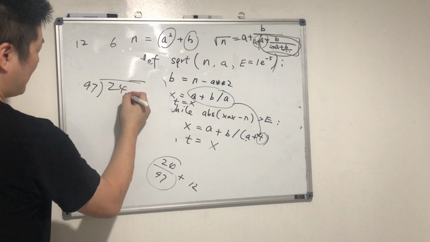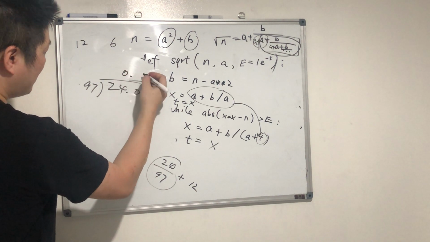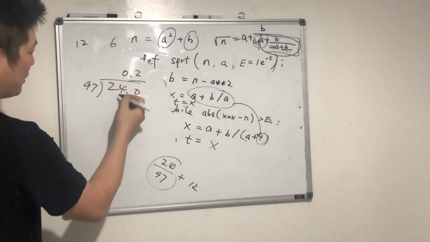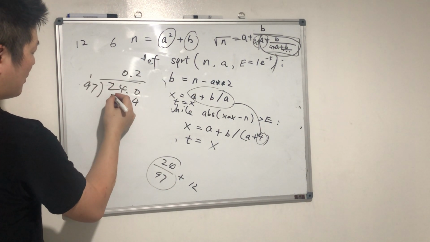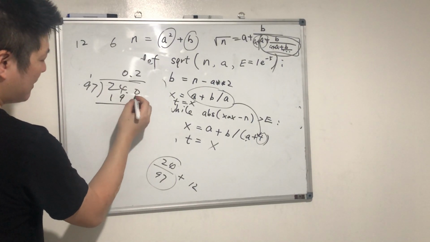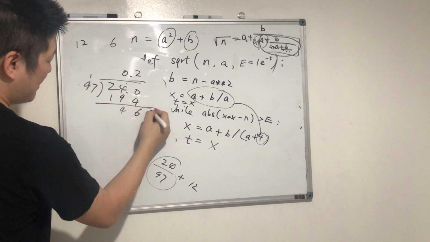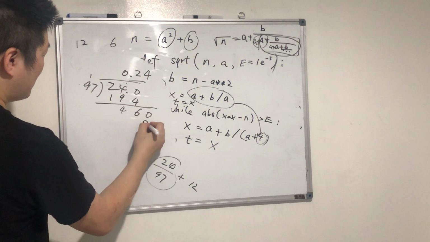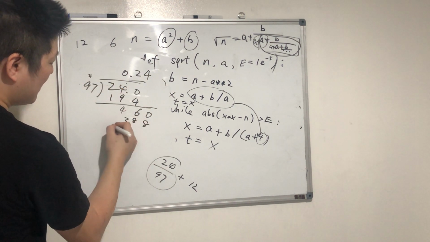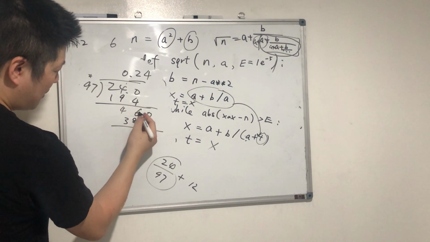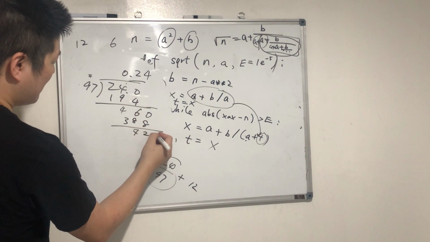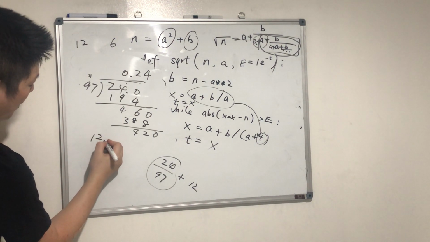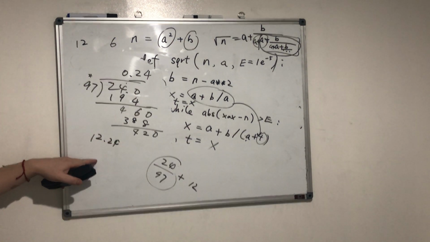That's 0.2, then 4, 7, and so on. So we have a very close number. It's 12.247.